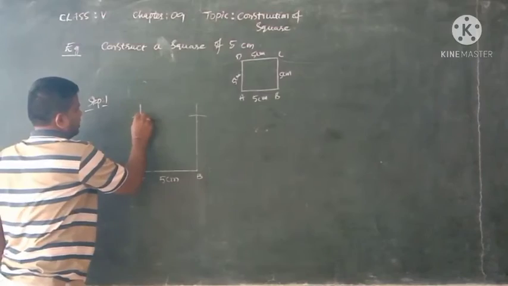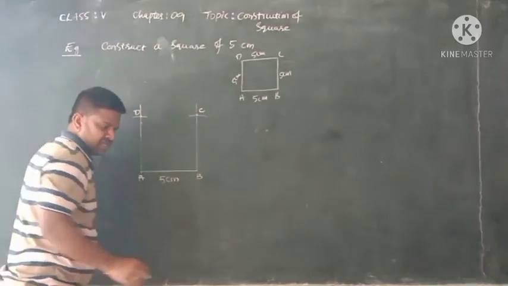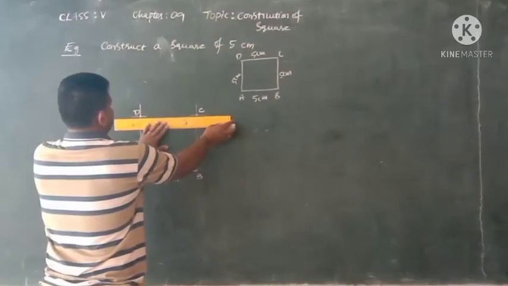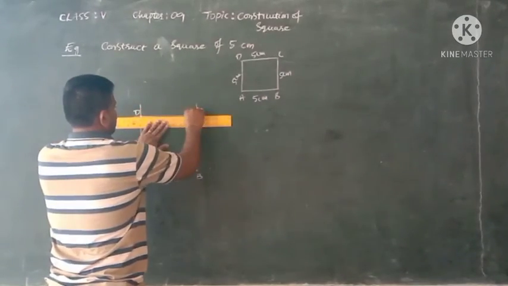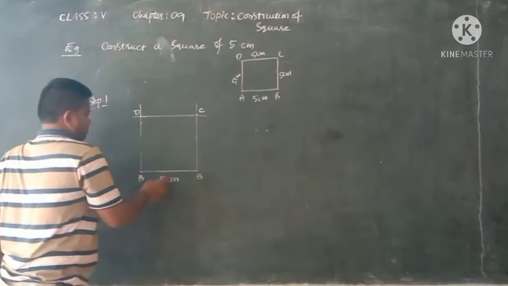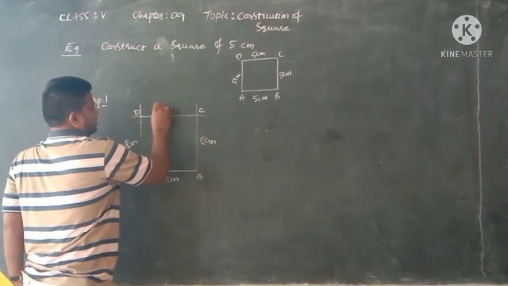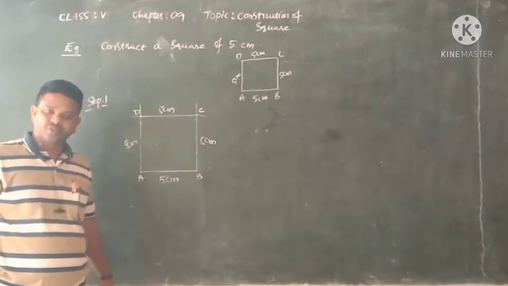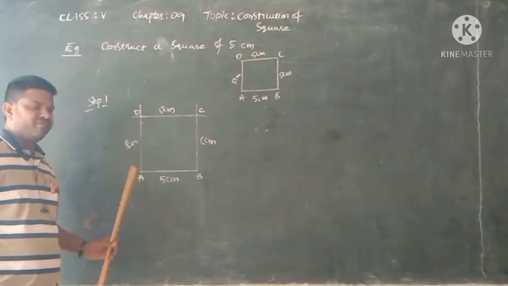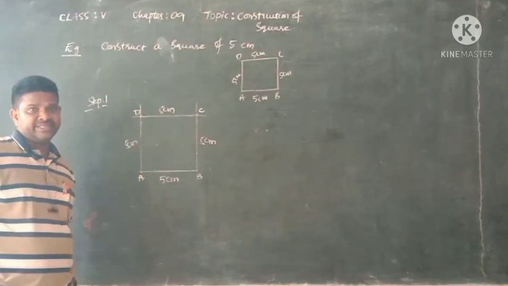Now this intersecting point is D, and here the intersecting point is C. Now we join these two points. This is 5 centimeters, this is 5 centimeters, this is 5 centimeters. This is our required square. This is the way of constructing the square with the given length, right?